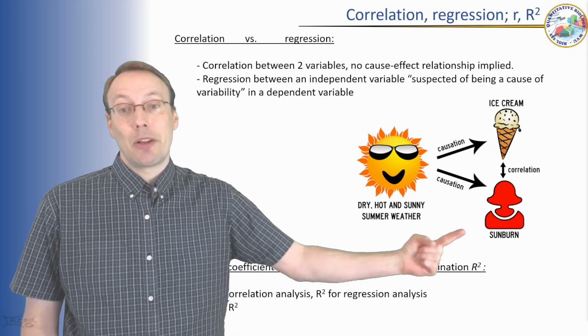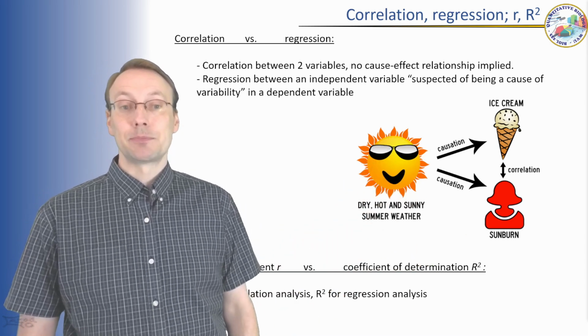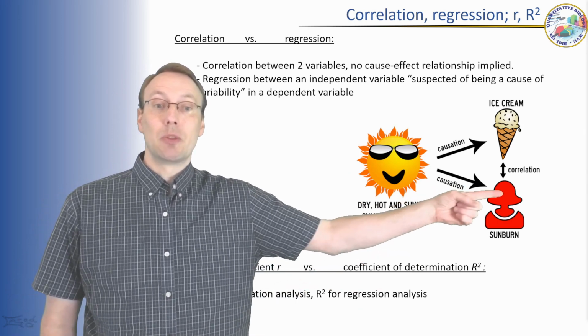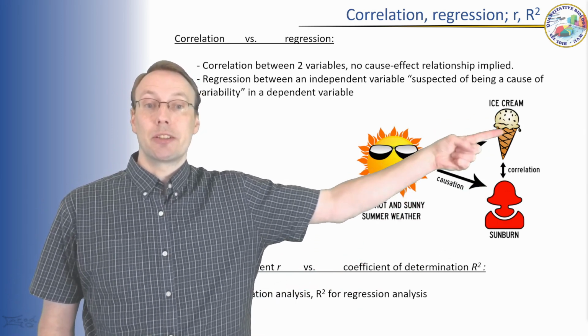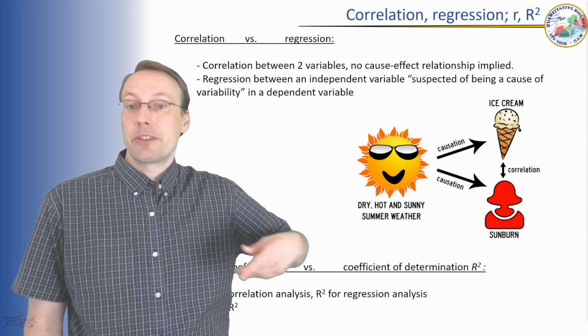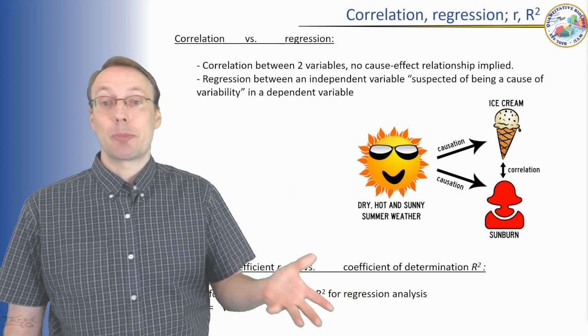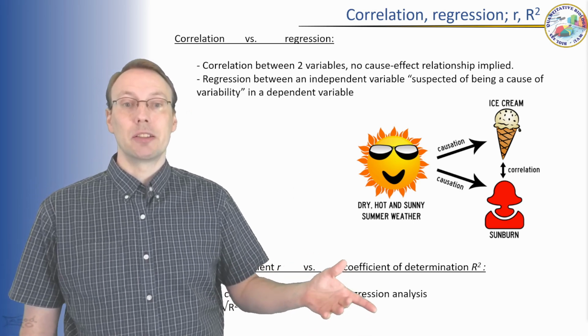They're actually both caused by something else, by the heat. One is not causing the other here, right? And so you might want to do this correlation analysis, saying, well, there is a correlation, but you don't suspect any kind of cause and effect.